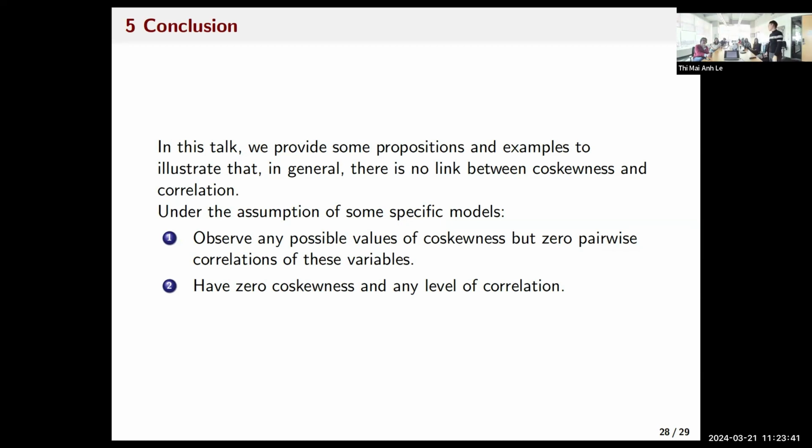Under the assumption of some specific models, for example, the normal marginal distributions and the mixture copula, or the Gaussian random vector, we observe any possible values of coskewness with 0 pairwise correlations of these variables. And we can have 0 coskewness and any level of correlation. Okay, then thank you for your attention.